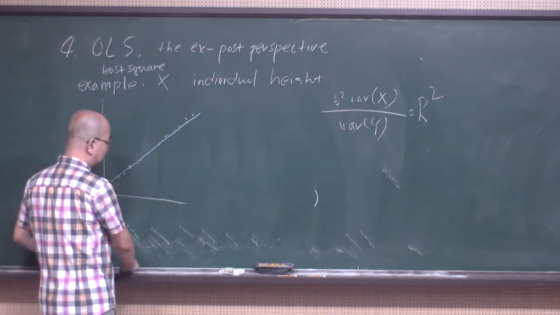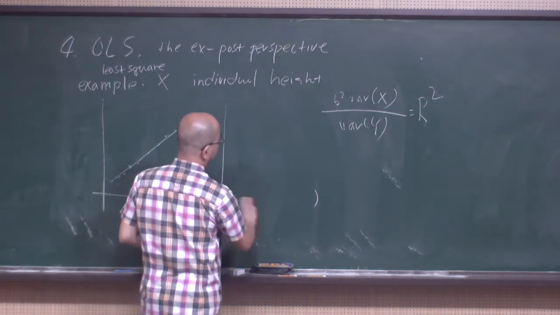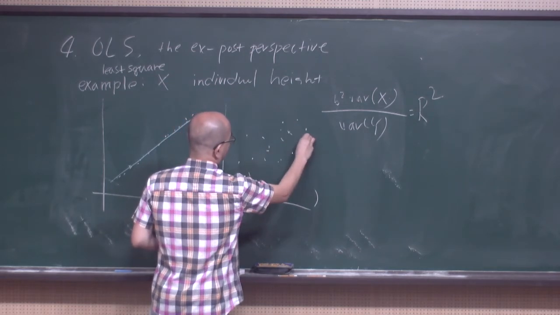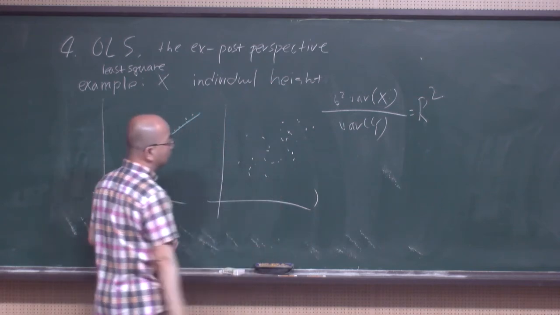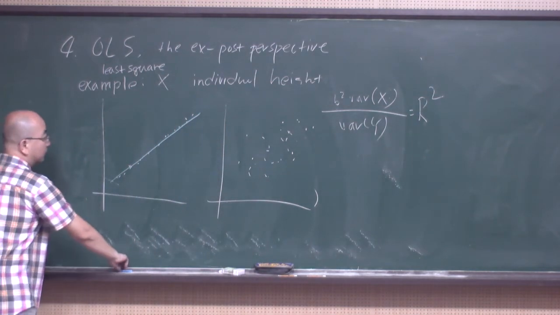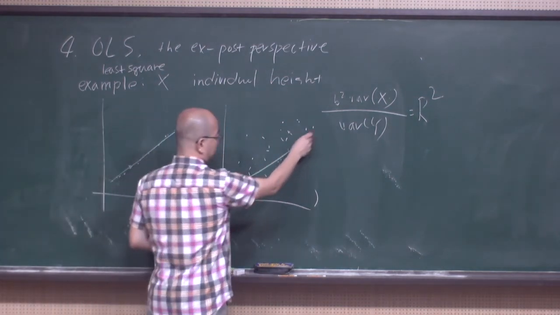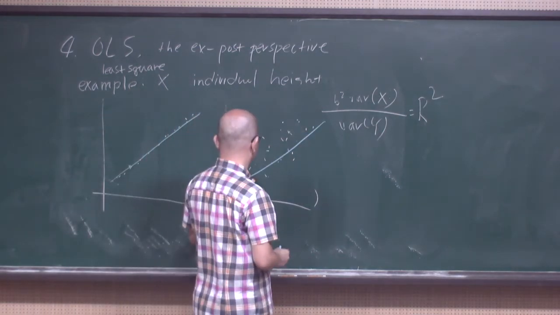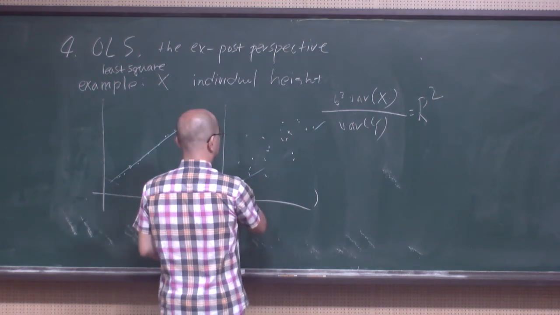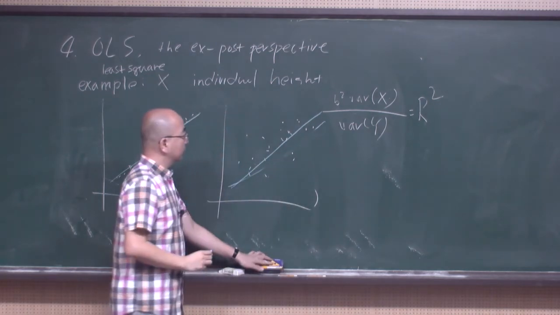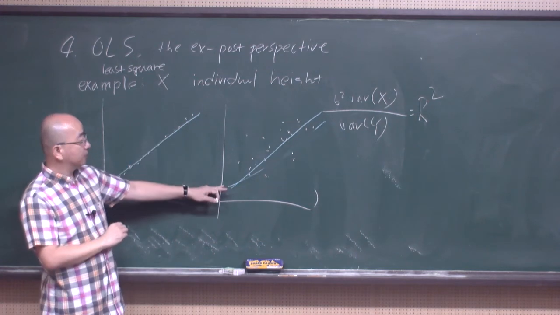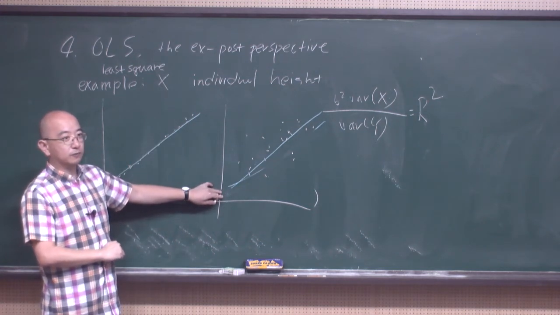But if the data points are like this, perhaps you will get exactly the same regression line. Sorry, it won't look like this. But here, many data points are far away from the regression line, so R squared will be low.